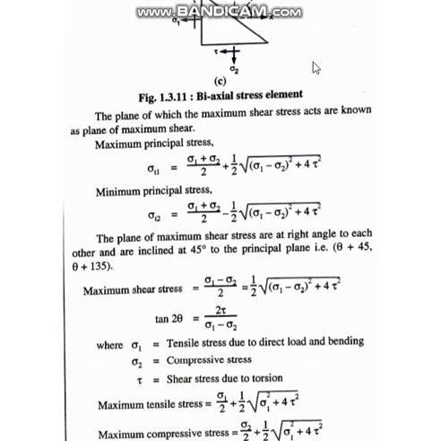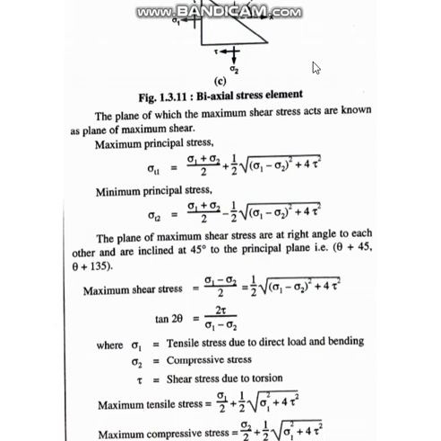Such a plane is called the plane of maximum direct stress, or principal stress, the plane of maximum principal stress. Another plane, mutually perpendicular to that, is called the plane of minimum principal stress.